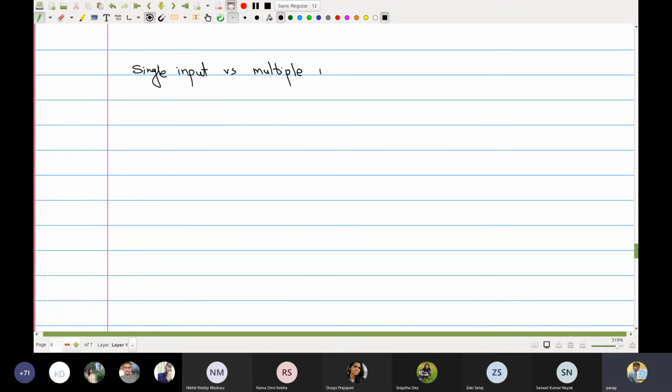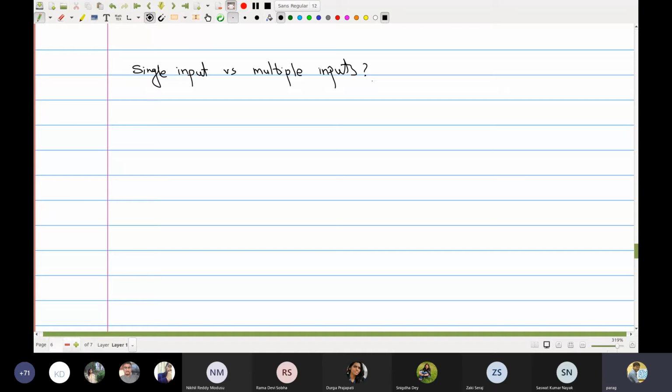What happens? So let's try to write down an expression for a system in which there can be single inputs, there can be multiple inputs as well as multiple outputs. So let us try to make it much more generalized.